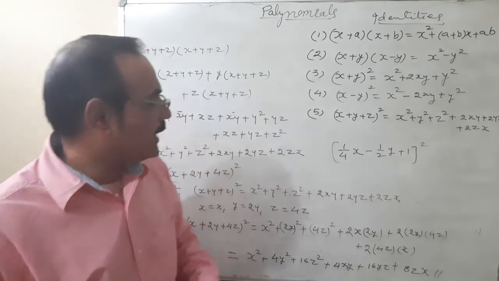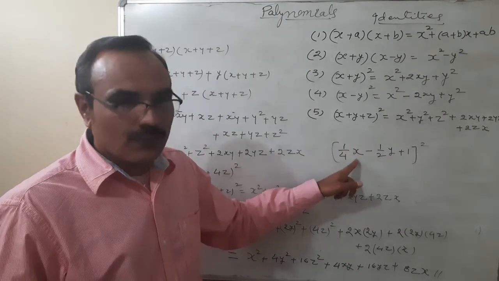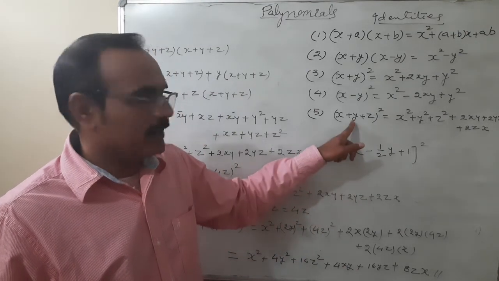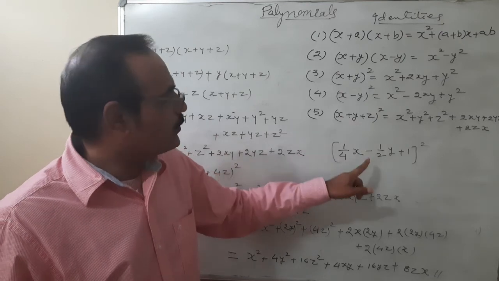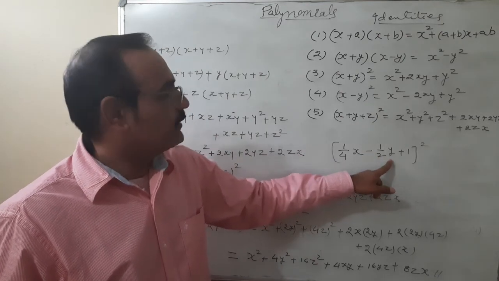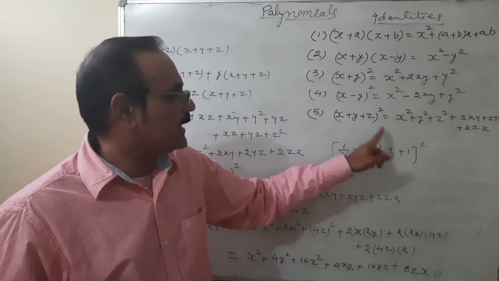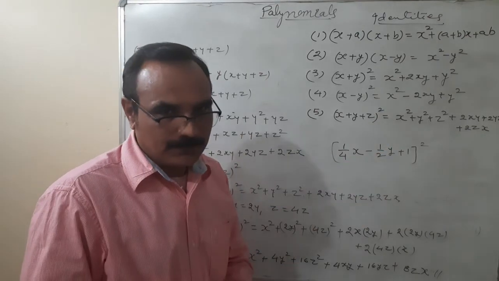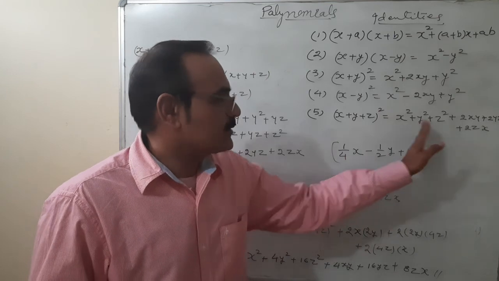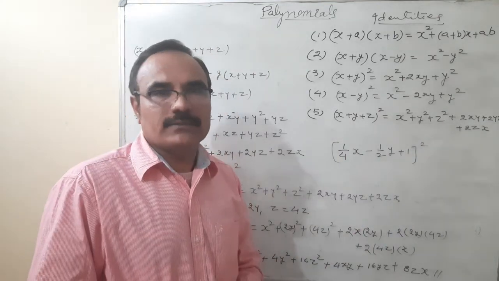Not to worry about that. In place of x, 1 upon 4x. In place of y, in this identity, we have to put minus 1 upon 2y. And in place of z, it is 1. We'll expand it, substitute the values, and we'll get the answer.